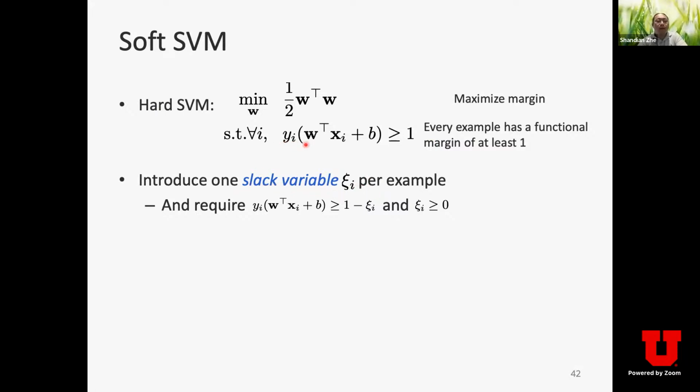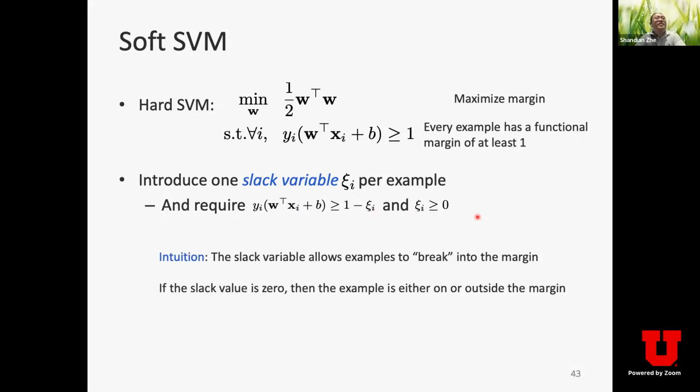Then we modify the hard SVM constraint as follows. First, we require the slack variable to be non-negative. Then we require that the functional margin is no less than 1 minus ξi. And the value of this ξi gives us the flexibility to break into the margin.